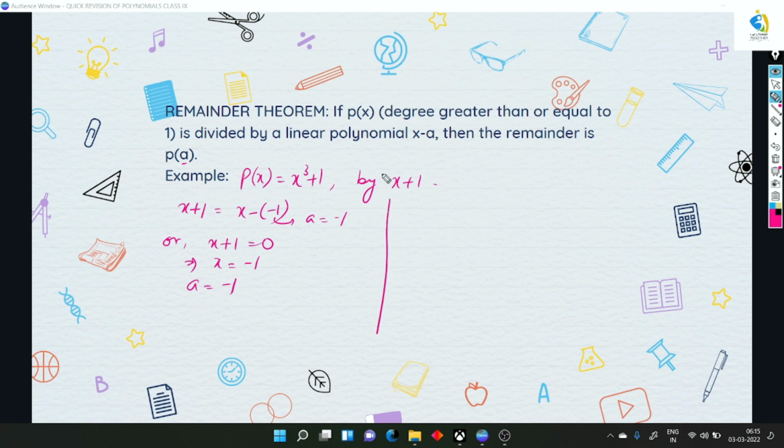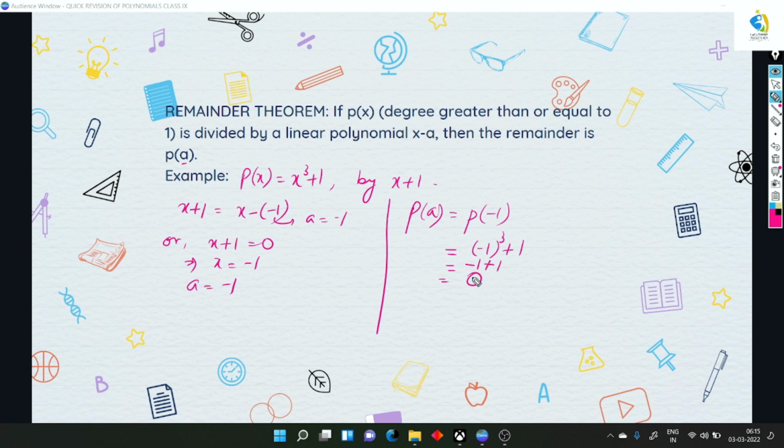Alright. Now this a, this a you have to put it in the polynomial, given polynomial. Okay, so we have to find out p of a actually. So p of a will be what? P of minus 1. Okay, so p of minus 1 will be minus 1 cube plus 1, that will be equal to 0, because minus 1 ka cube is minus 1 and plus 1.